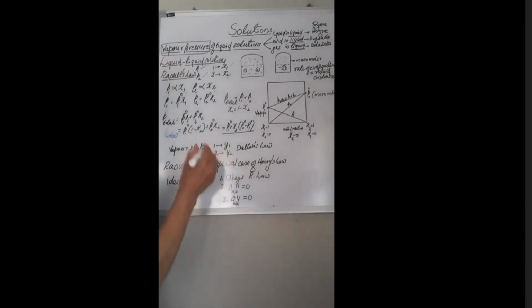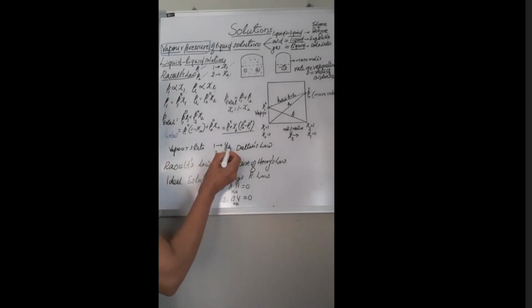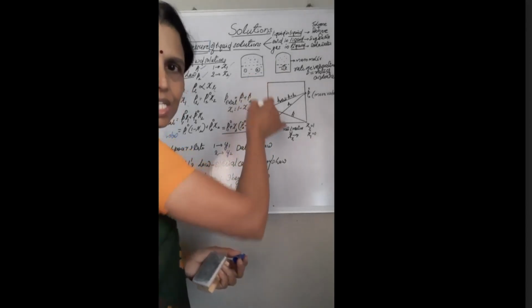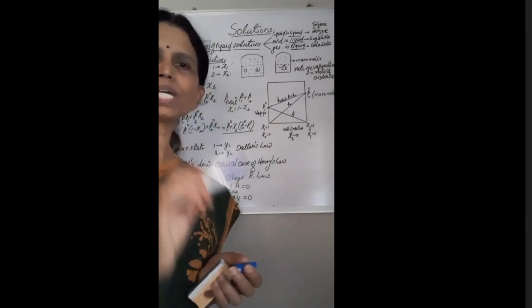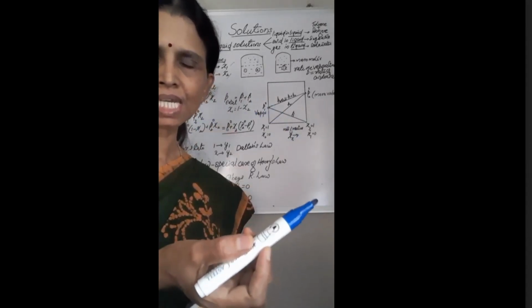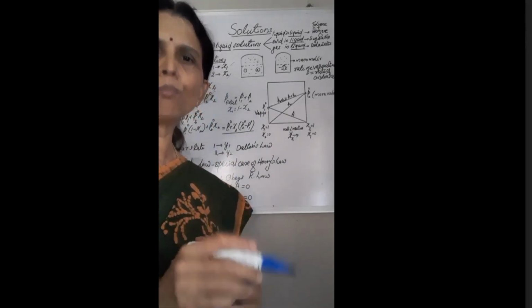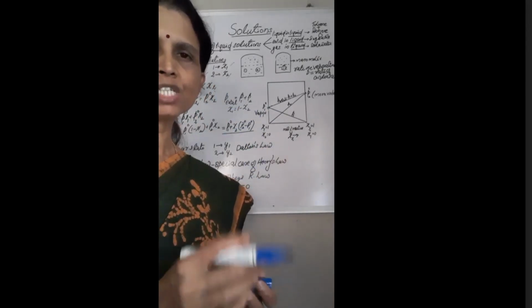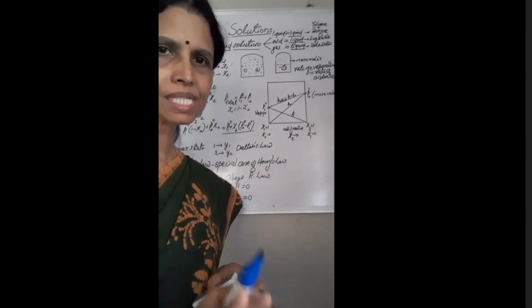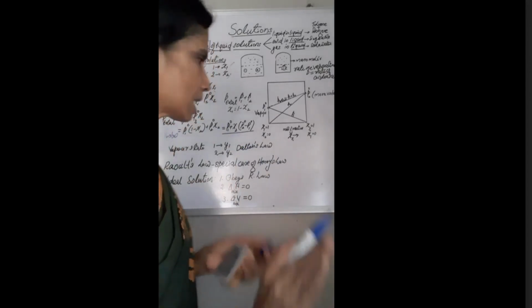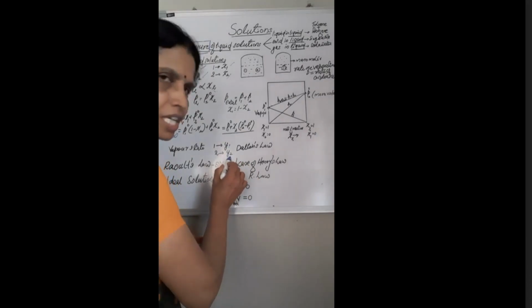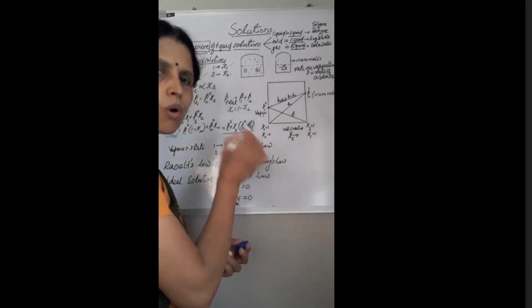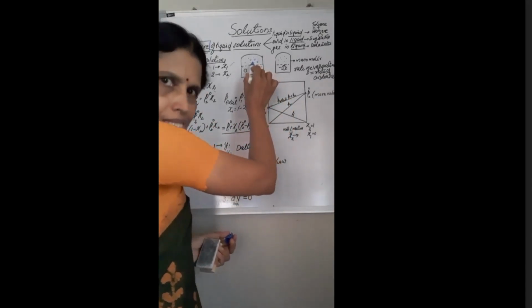For that, in the vapor state, let y1 be the mole fraction of component 1 and y2 be the mole fraction of component 2. This will be different from x1 and x2 in the solution, because the more volatile component will easily vaporize and the vapors will contain more of the volatile component. So y1 and y2 cannot be the same as x1 and x2. Here we are considering y1 and y2 as the mole fractions of the components in the vapor state.